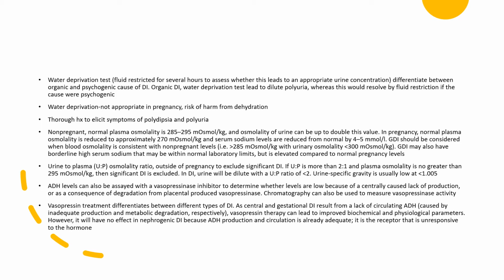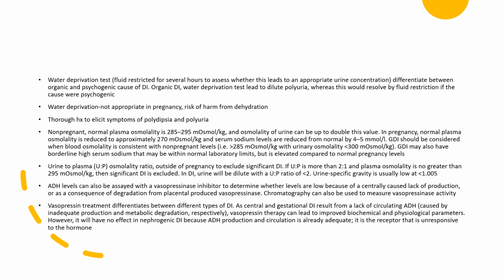In a non-pregnant patient, normal plasma osmolality is 285 to 295 milliosmoles per kilogram, and osmolality of the urine can be up to double this value. In pregnancy, normal plasma osmolality is reduced to approximately 270 milliosmoles per kilogram, and serum sodium levels are also reduced from normal by 4 to 5 millimoles per liter.